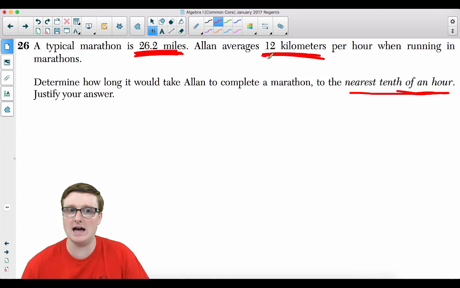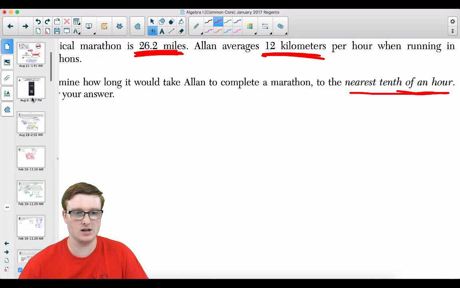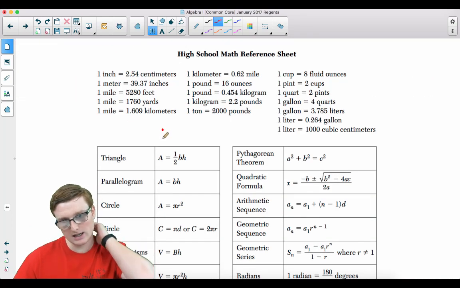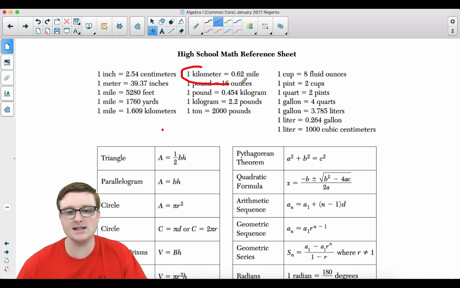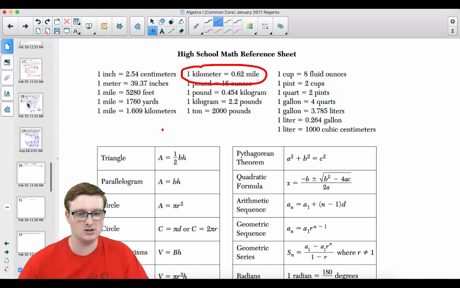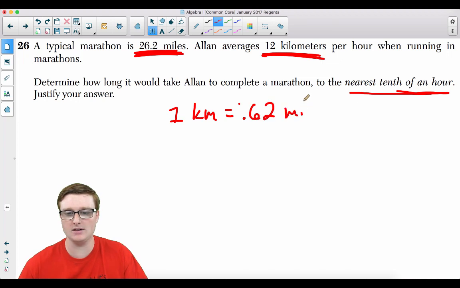He averages 12 kilometers. If you go to your reference sheet, it says that 1 kilometer is equal to 0.62 miles. So we need that. We need that badly.